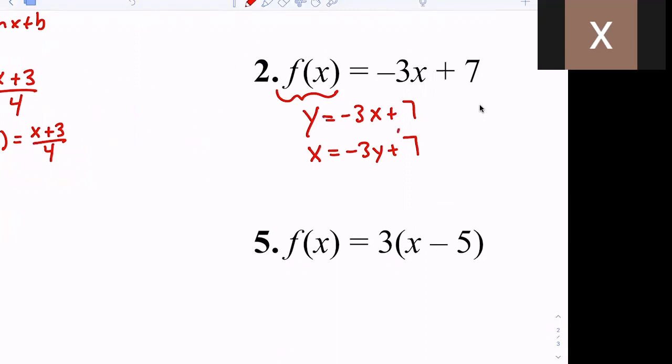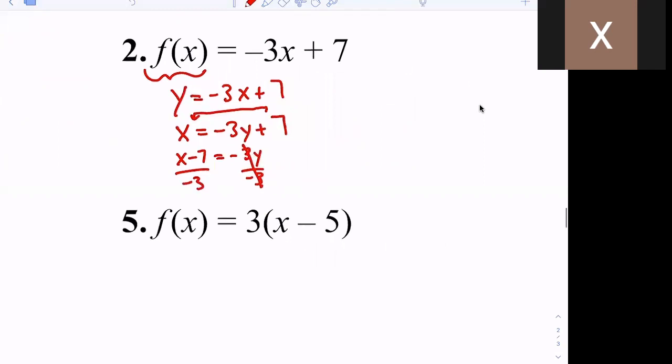When I solve for y, I have to move the 7 over to the left, and that becomes minus. x minus 7 equals -3y. Now what? Divide by -3. So now we're going to come up here and say f inverse of x is equal to x minus 7 over -3.